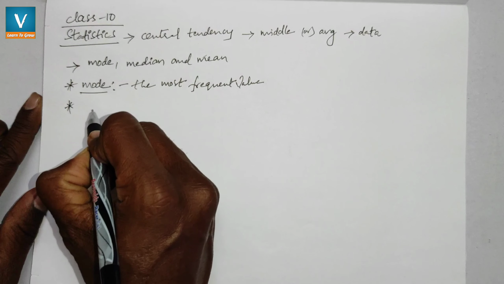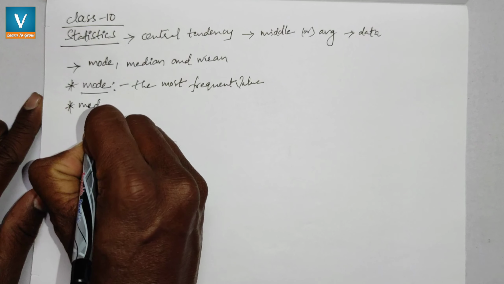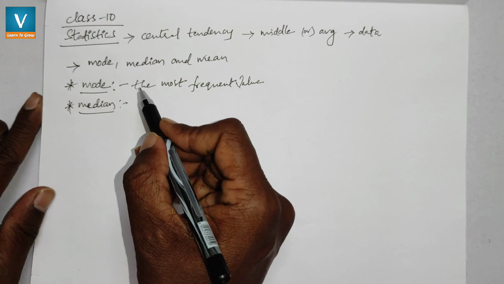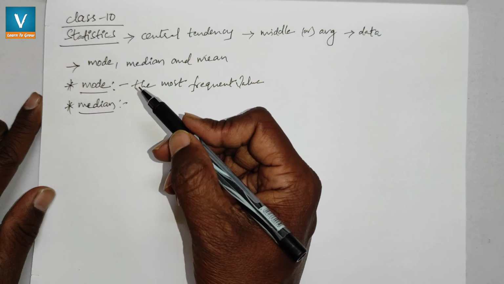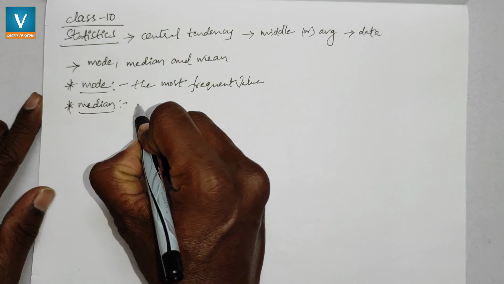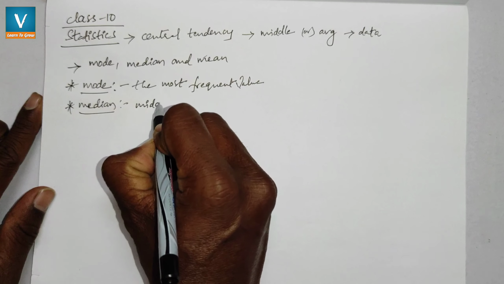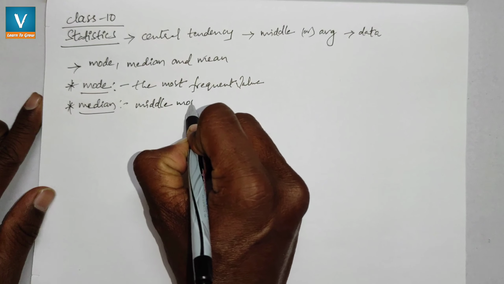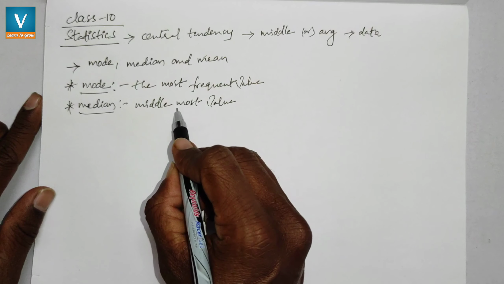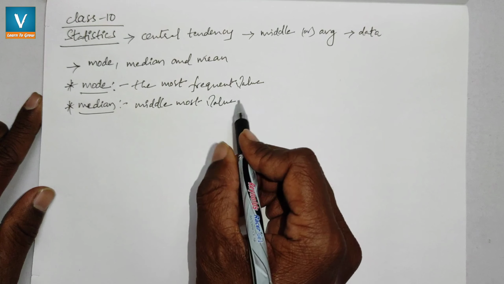Second one is the median. Median is the middlemost value after arranging the given data in ascending order or descending order.